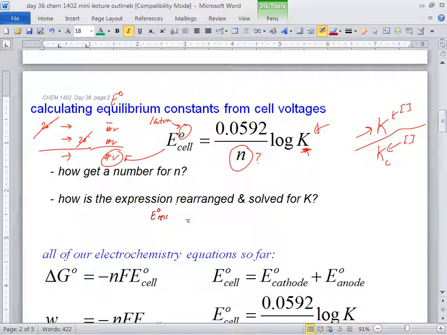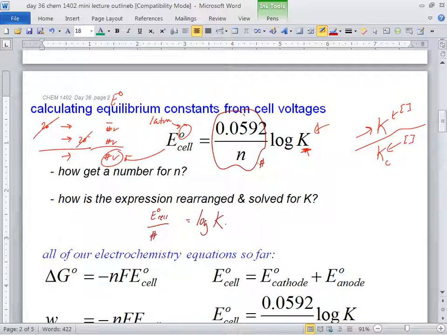Oh, I see what you're saying. You're going to get a number. That would make even more practical sense than I was thinking. I was thinking bringing the N with the E0 cell, bringing the 0.0592 on the bottom. What she's saying is more practical. She's saying just get a number for this. And then she said divide it by that number, right? And then that's going to equal the log of K.